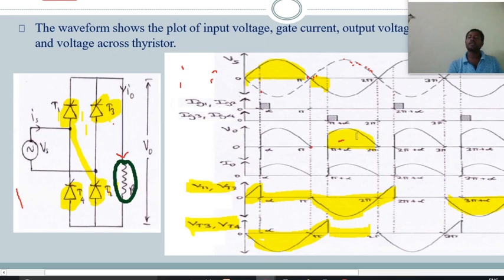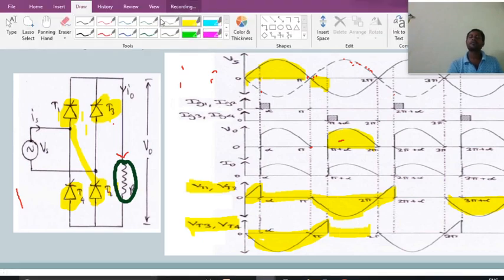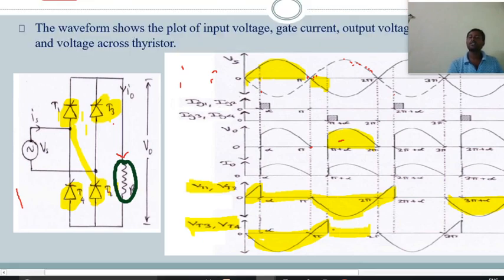At that location we can see that T3 and T4 are replaced with a short circuit, so the voltage across them will be 0. And if the voltage across them is 0, then the exact opposite voltage will be available across T1 and T2.